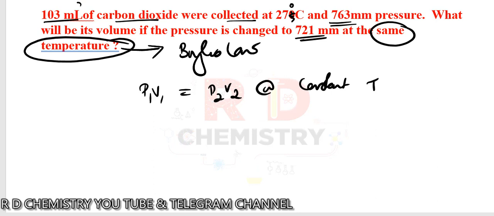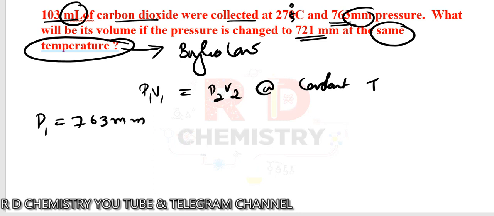Now here they are given volume in ml and pressure in mm. We need not convert these. If the temperature is involved in the calculation, temperature must be changed to Kelvin scale. Otherwise, it is not required. So, initial pressure is given in the first data, 763 mm of mercury.